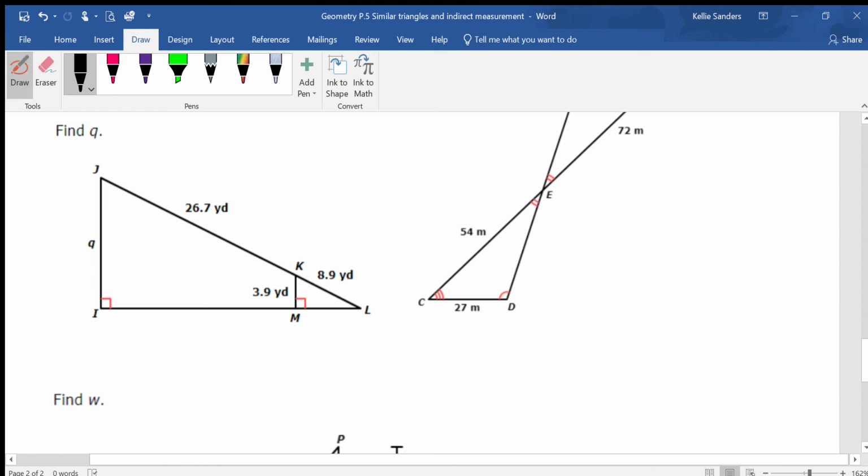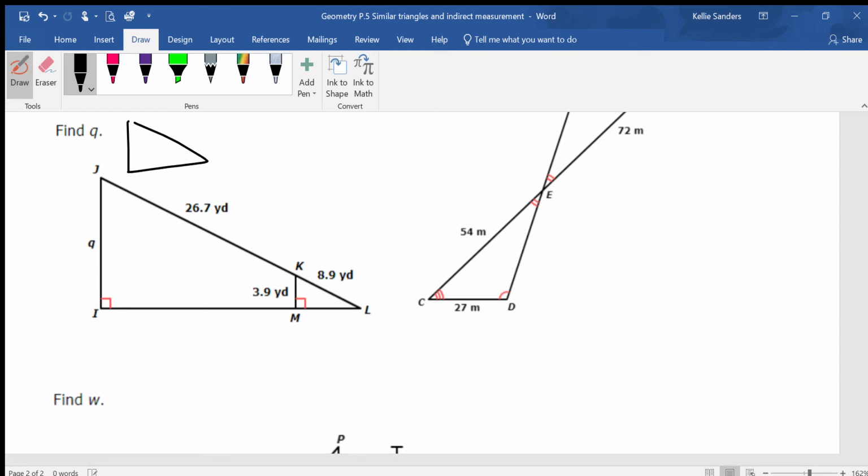Even though there's decimals, you're still going to do it the same way. Big triangle, little triangle, big triangle, this is Q, and 16, carry the 1, 14, 15, carry the 1, 35. Yeah, I'm going to have to squish this.